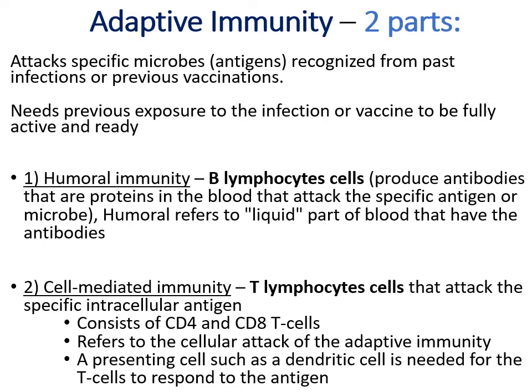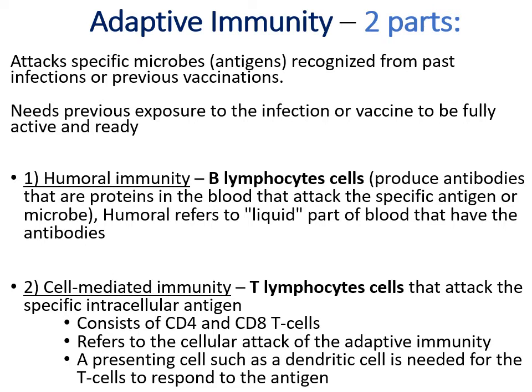a particular infection. And as I mentioned before, there's two parts of the adaptive immune system, the B lymphocytes that produce those antibodies, which are proteins, by the way, that circulate in the bloodstream and attach to the specific antigens that will then be destroyed. Okay?